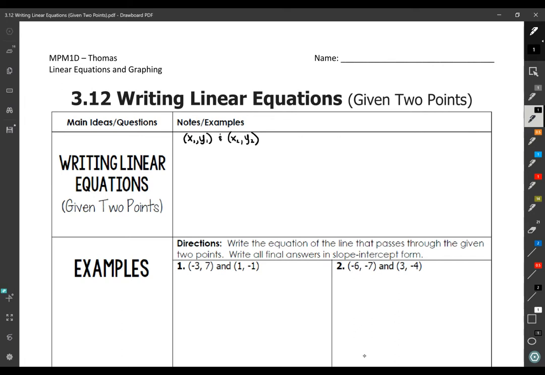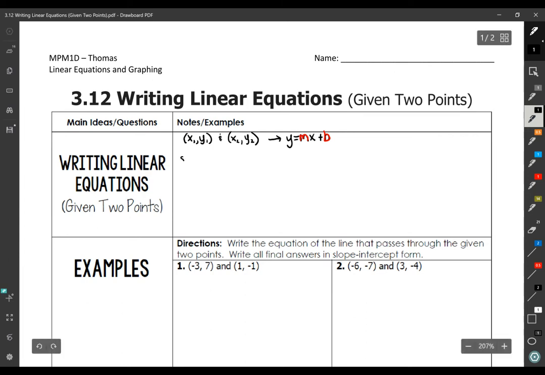To create an equation, we need 2 pieces: m, the slope, and b, our y-intercept. We're gonna do this in 2 steps, just like we did in the last lesson, but in this lesson, the first step is a little bit more tricky.